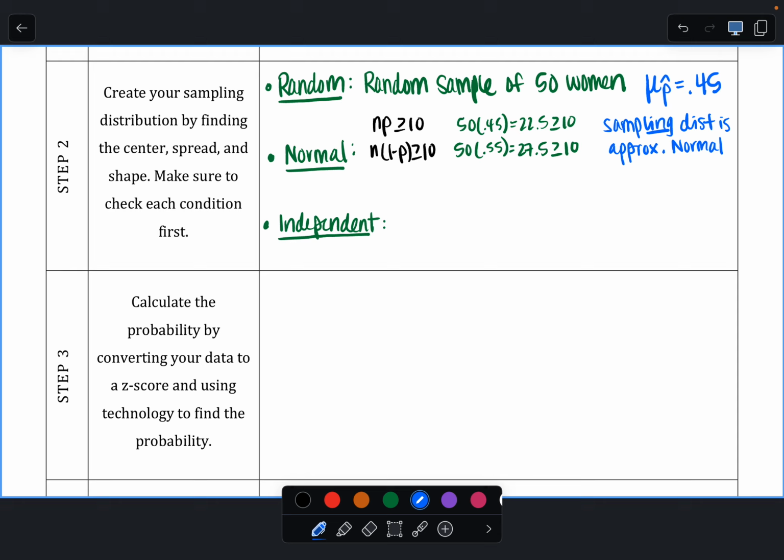The last thing that we have to do is independence. That was going in and verifying that n is less than or equal to 10% of the population. For us, our sample size was 50, which is less than or equal to 10% of all young adult women.